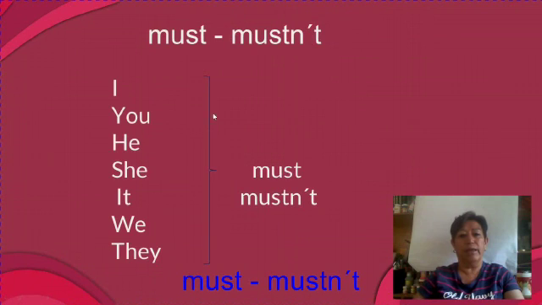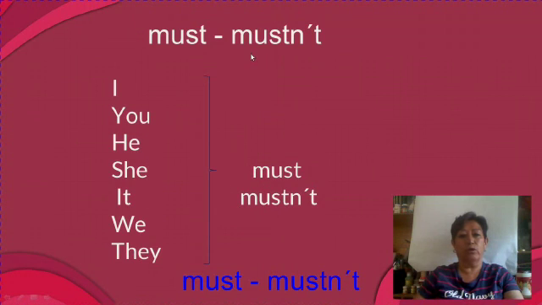And now remember that we use must to talk about obligations. And we use I, you, he, she, it, we, and they. Must. I must, you must, he must, she must, it must, we must, they must.